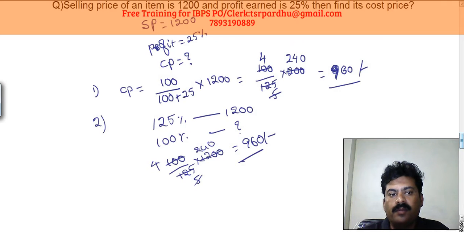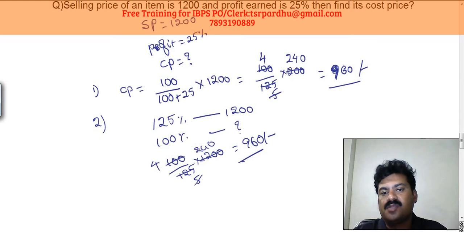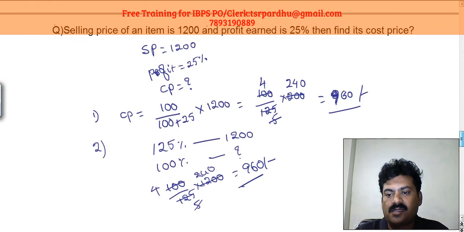Okay, this is one problem where selling price has been given to you, profit percentage has been given to you, and you are asked to find out the cost price. Suppose there is selling price and the loss percentage has been given to you, and you are asked to find out cost price.